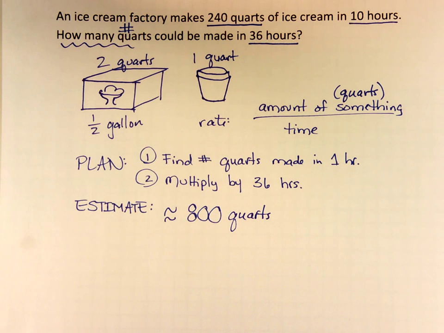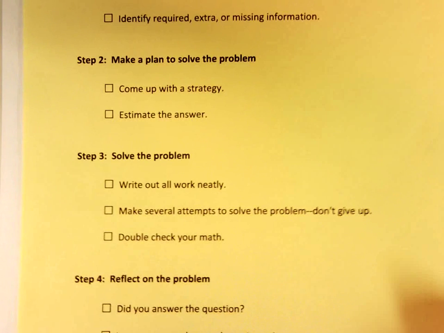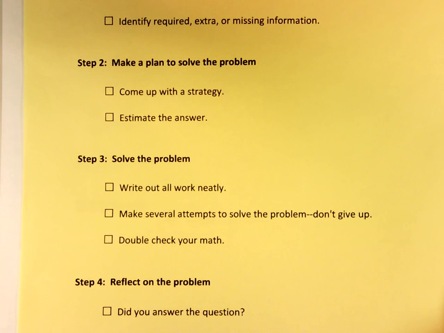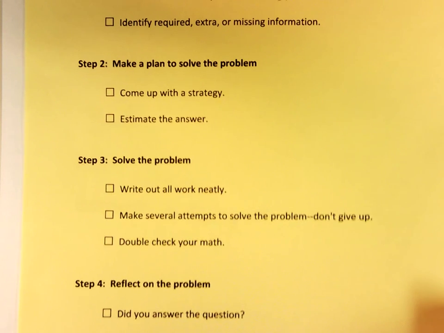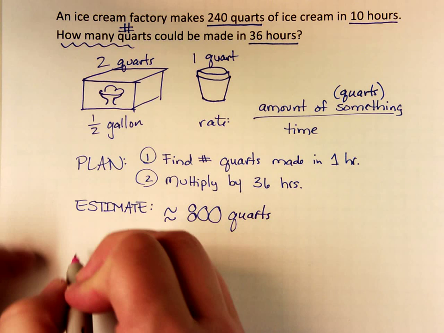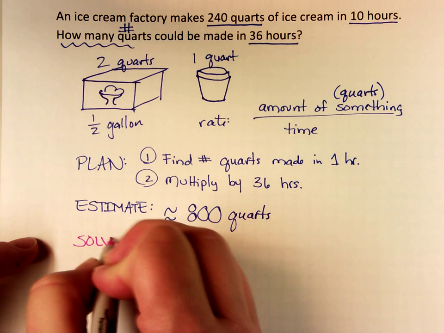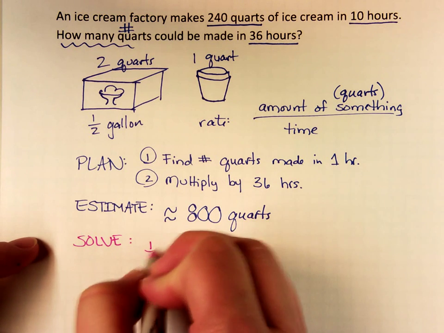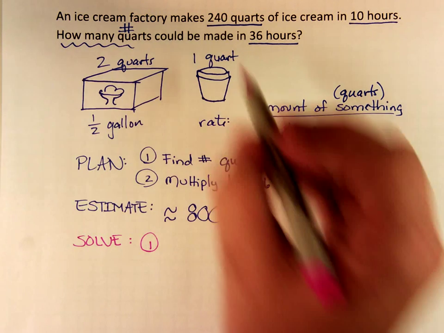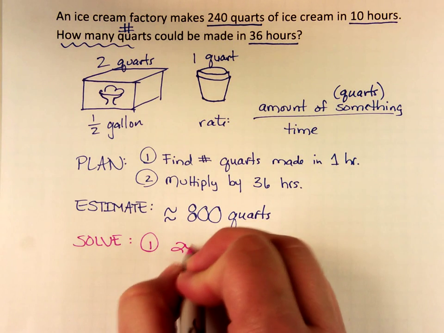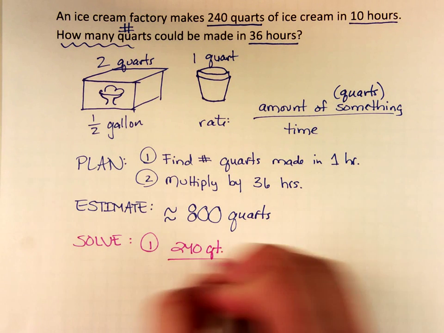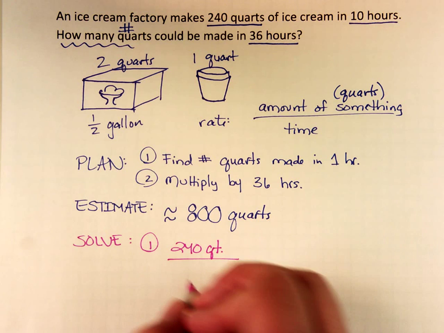Step number 3, solve the problem. Write out all work neatly, make several attempts to solve the problem, don't give up, and double check your math. So, let's work with the solution here. Step number 1, find the number of quarts made in 1 hour. 240 quarts in 10 hours.